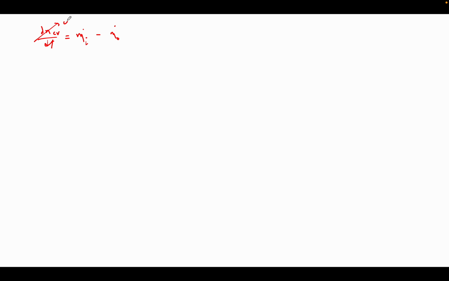At steady state this part will be 0, so mi dot will be equal to mo dot. Mi dot is rho i Ai Vi, and mo dot is rho o Ao Vo. I know Ai, I know Vi, I know Ao. I need to calculate Vo.